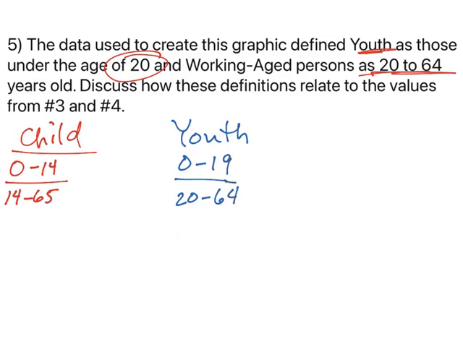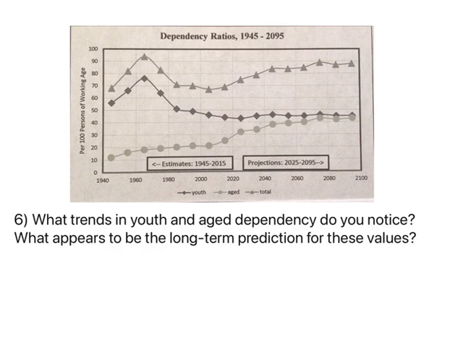So you can see how that age group of 15 to 19 shifted from workers in the child dependency ratio to youth in this youth dependency ratio, and thus we have the big difference. Because if you're moving an entire group of people out of the working class and into the dependents, we're going to have a higher dependency ratio, right? That makes sense. So that's the big difference between a child dependency ratio and a youth dependency ratio.